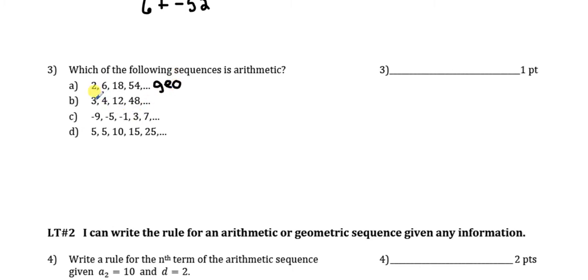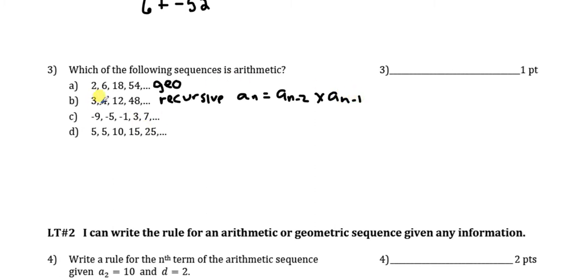This one, if you notice, I've got 3 and then 4, and then 12 is 3 times 4, and then 48 is 4 times 12. This is a recursive sequence, and it would be of the form a_n equals a_(n-2), 2 terms before it, times a_(n-1).